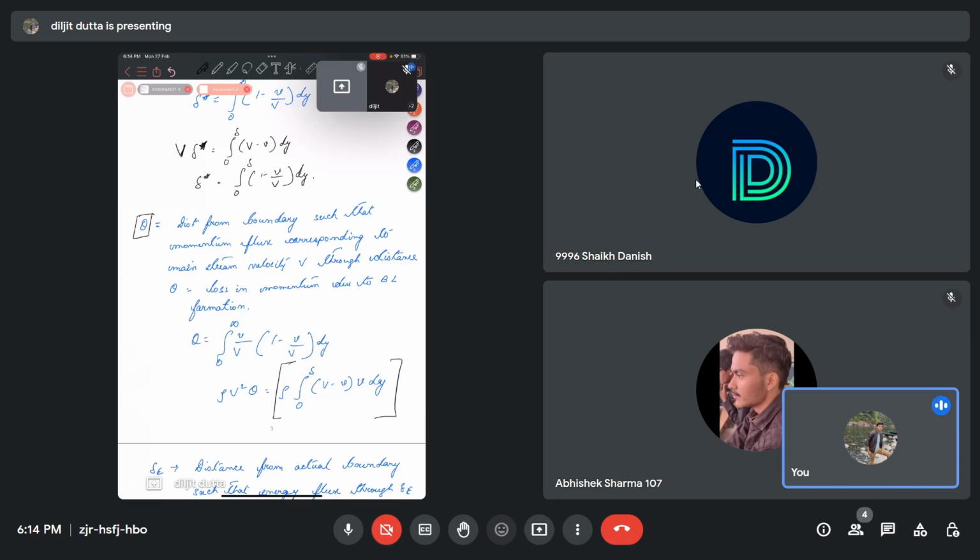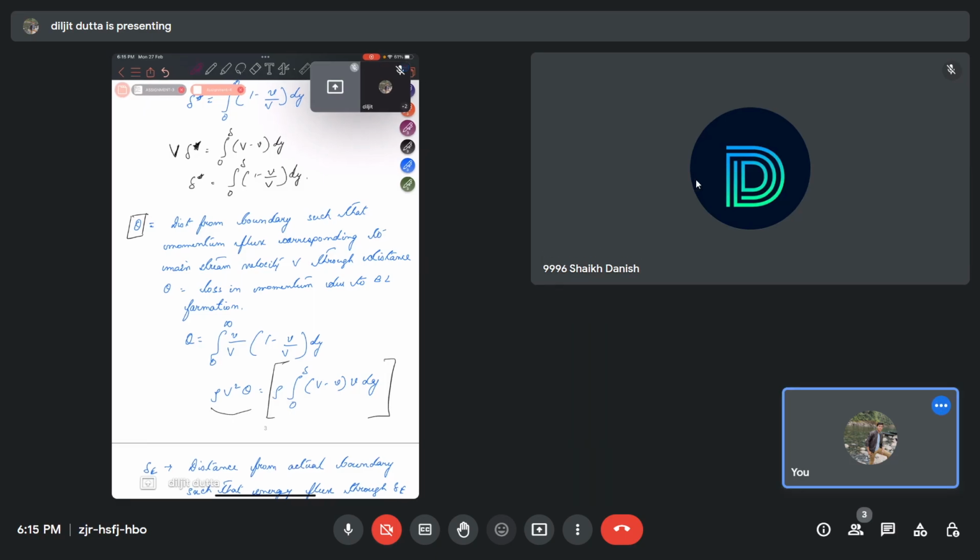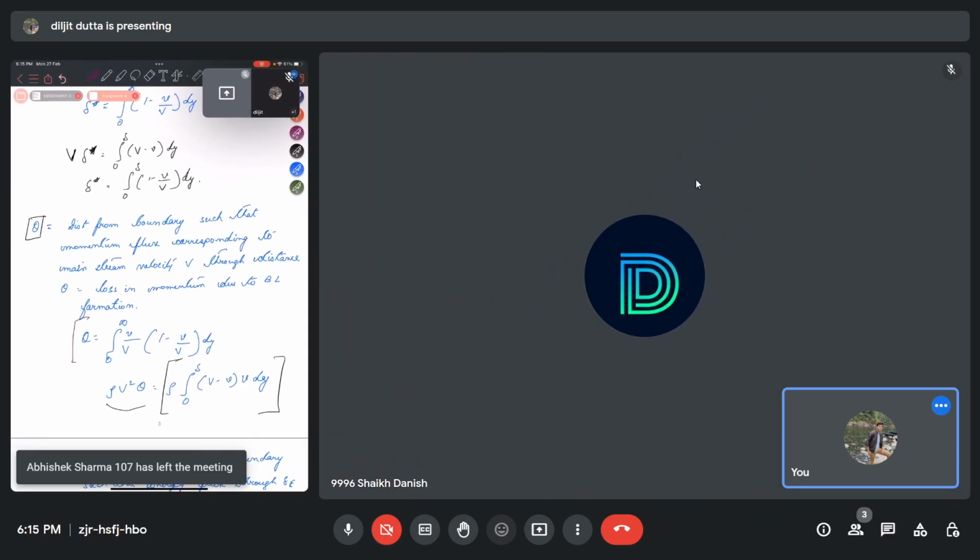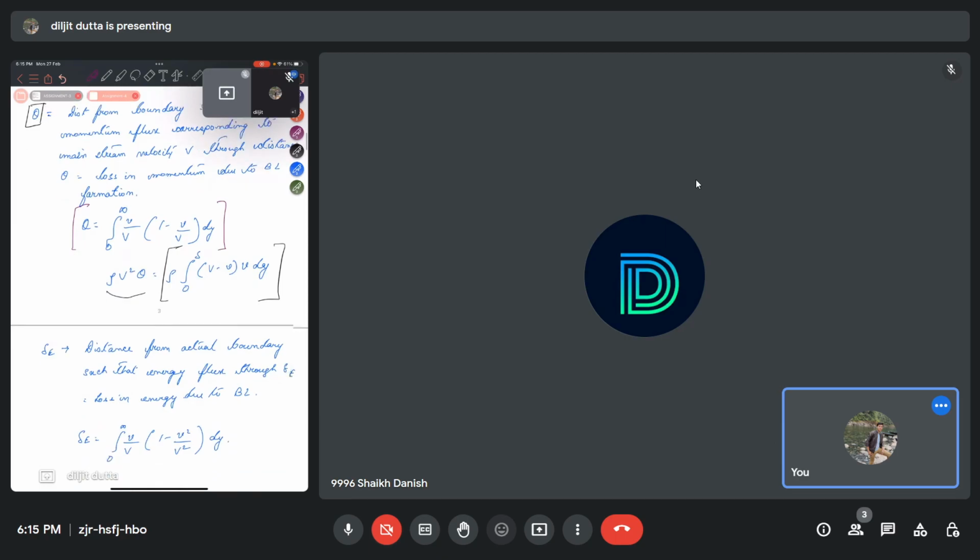The loss in momentum is rho into (V minus v) into v dy, and we are integrating because v is changing over a distance y, and the momentum flux in the region theta is rho V square into theta. If we rearrange the terms, we get the momentum thickness theta equal to the integral of v by V into (1 minus v by V) dy from 0 to infinity, or you can say 0 to delta.